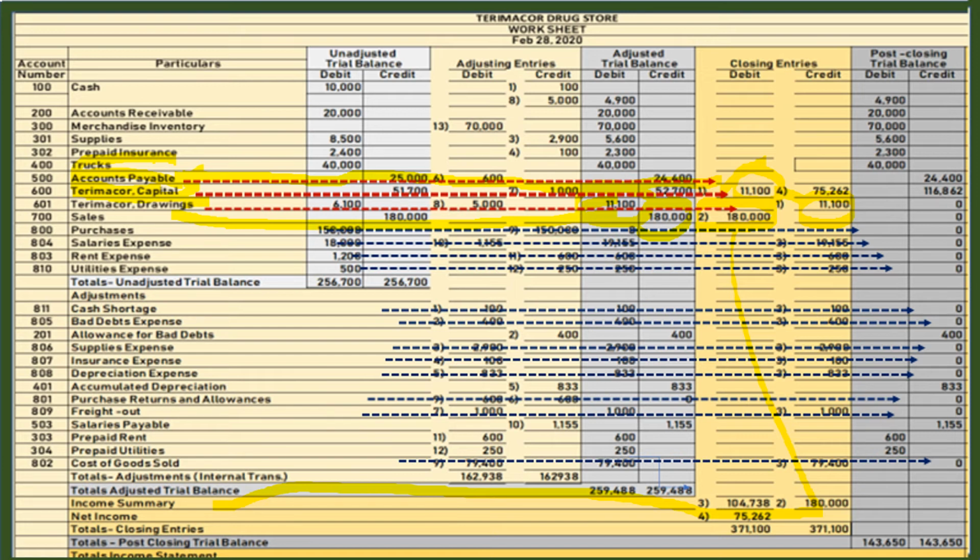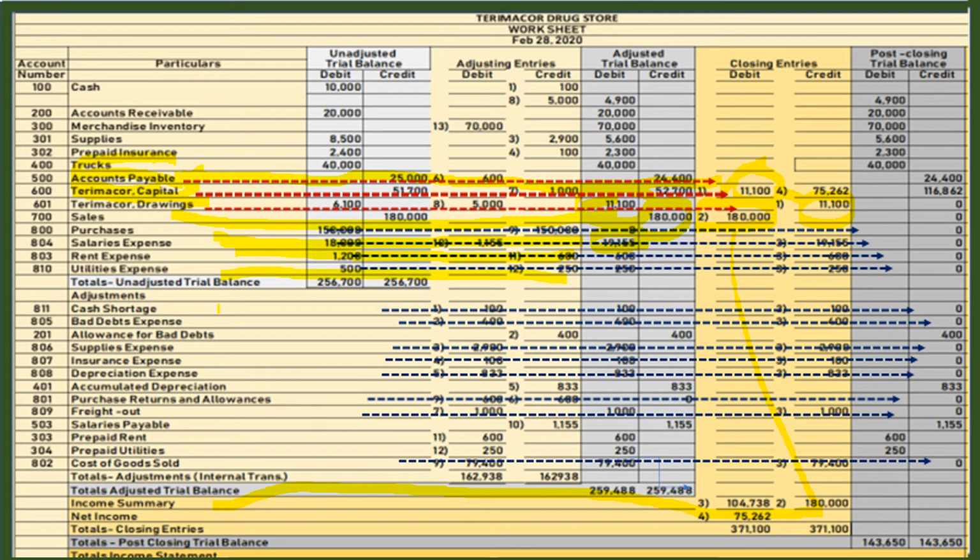Now, with regards to the different expenses, the remaining expense accounts in the adjusted balance: what is this one? Salaries expense. So we have the salaries expense. Then the rent expense. And then the utilities expense.